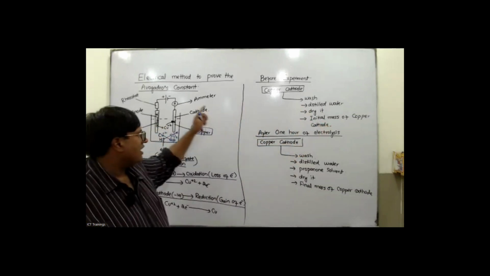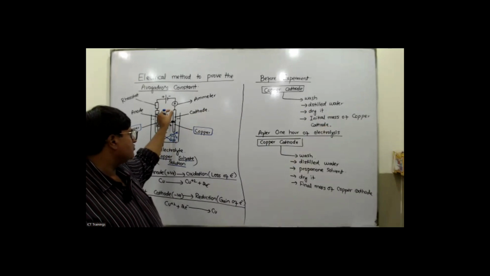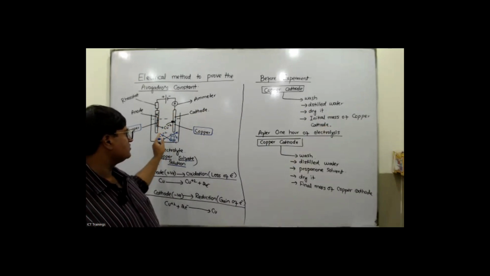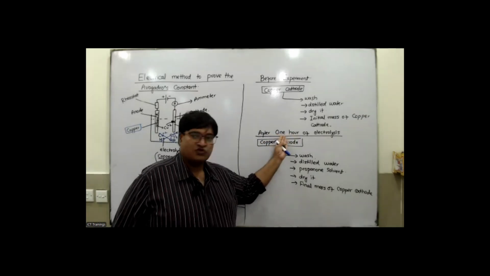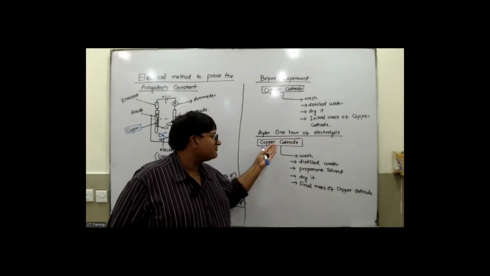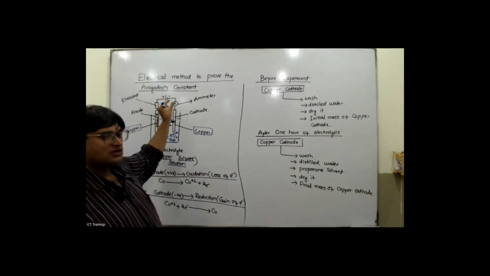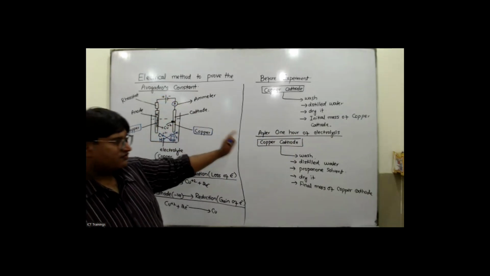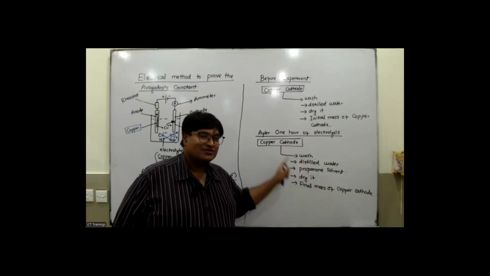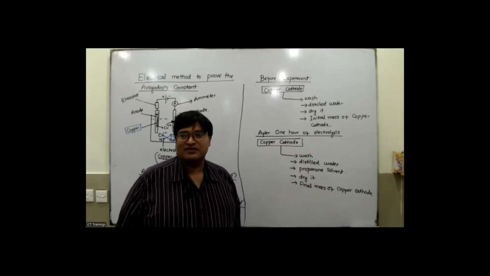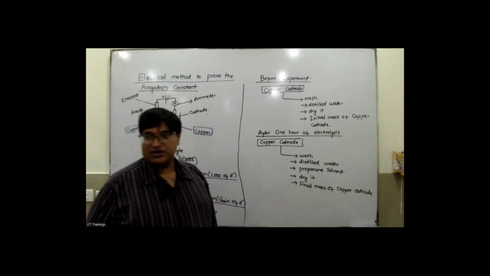After you put this copper cathode into the copper sulfate solution and do electrolysis for 1 hour, you take out the copper cathode, wash it with distilled water, then wash it with propanol, then dry it and find the final mass of the copper cathode.